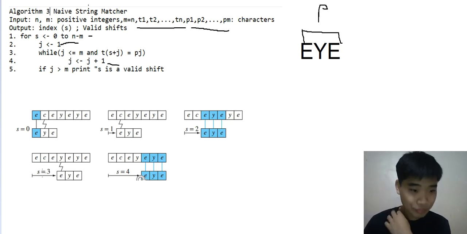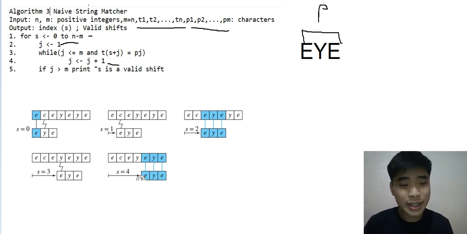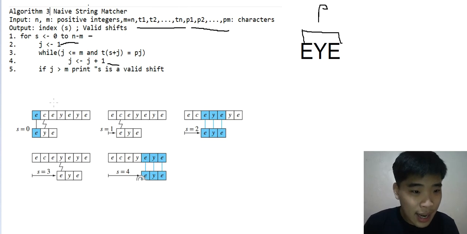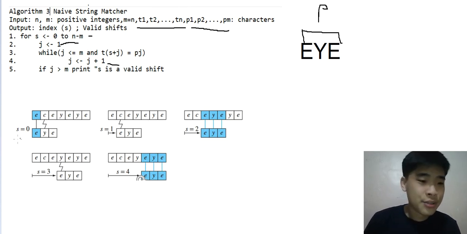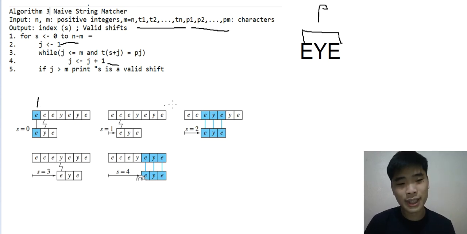So here in this problem, let's start with the letters here, E C E Y E Y E. In the first letter, we know that E is equal to the first character of the pattern, but the next character is not equal, which is C. C is not equal to Y. Then we move directly on to the next shift, which is 1.